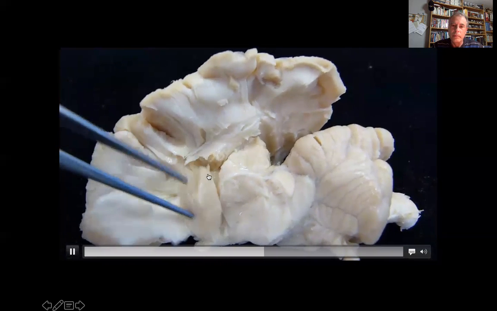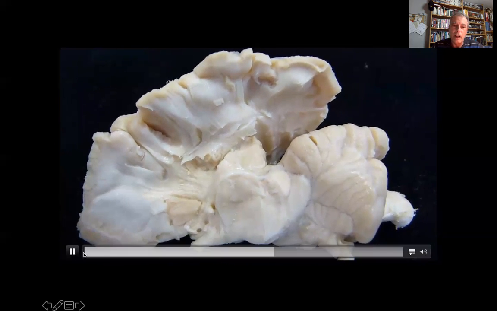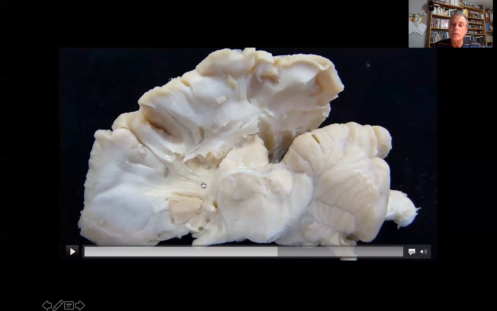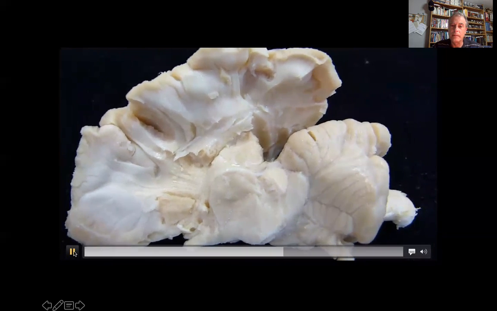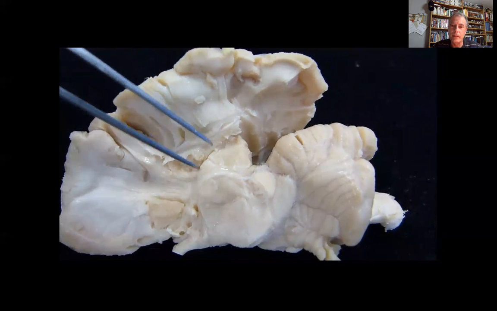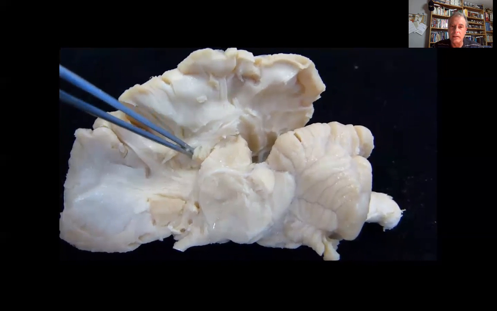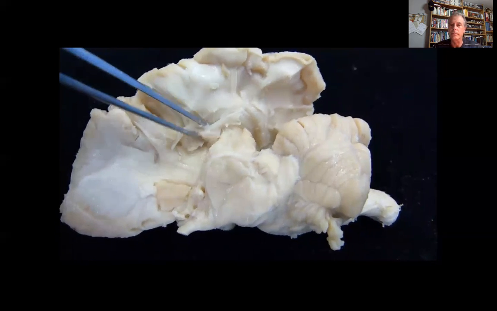We remove part of the caudate nucleus and we identify what is lateral to the caudate nucleus, the internal capsule. This is the tail of the caudate nucleus.